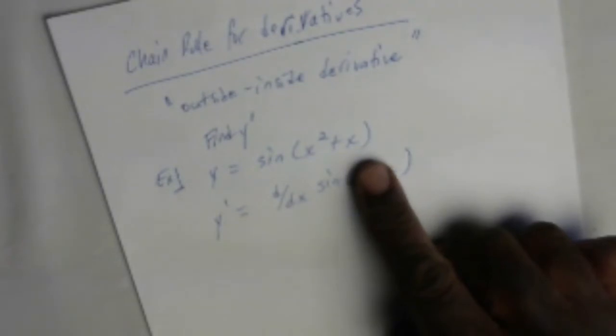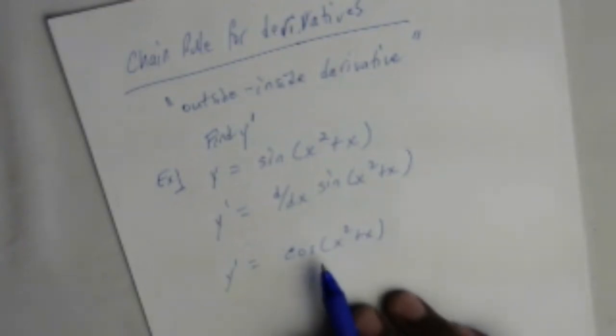My outermost term is a sine function, and the derivative of sine is cosine. So I'm going to write my outside derivative as the cosine of x squared plus x. Notice that when you use the chain rule in finding the outside derivative, the innermost function stays the same.